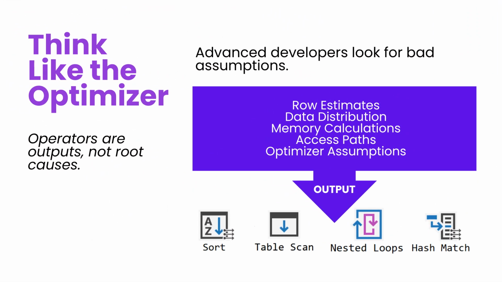Most developers stare at execution plans looking for bad operators. Advanced developers look for bad assumptions. That's the difference, because operators are outputs, not root causes. So stop asking, how do I remove hash match? And start asking, why did SQL Server think this was the cheapest plan? That question changes everything.